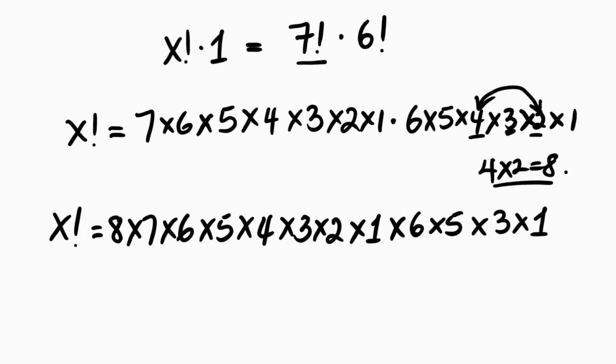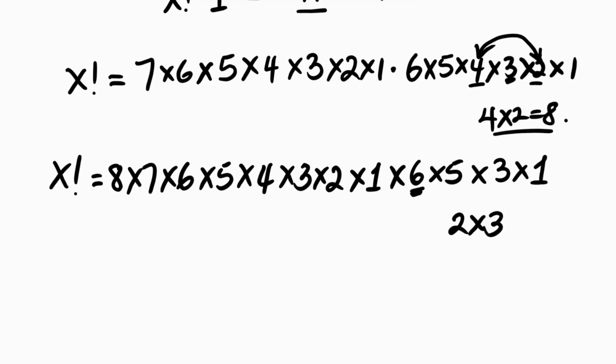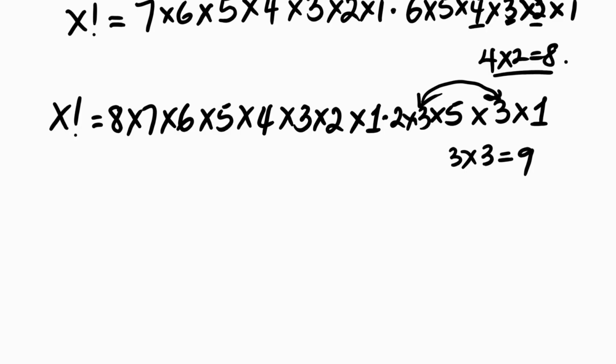Alright, so now 6 is the same thing as 2 times 3. So if we replace 6 as 2 times 3, now we have this 3 can multiply that 3, and so 3 times 3 now is equal to 9.